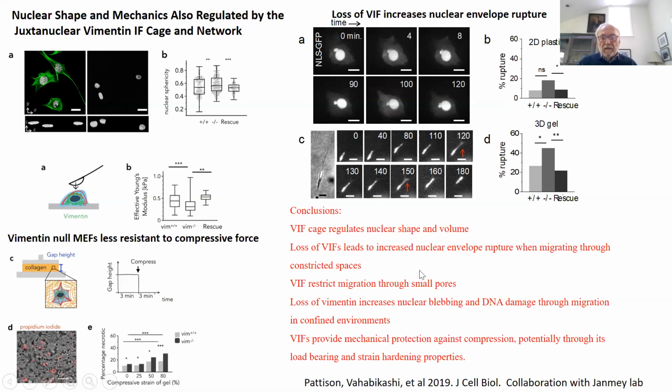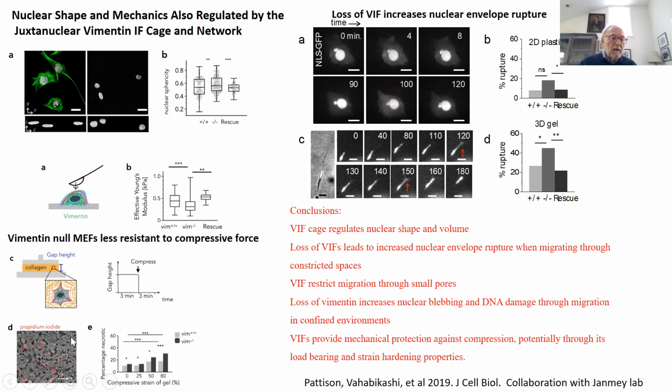So our conclusions from this are that the Vimentin intermediate filament cage regulates nuclear shape and volume. The loss of Vimentin leads to increased nuclear envelope rupture when migrating through constricted spaces, which I didn't mention, but we also did transwell migration assays. And the loss of Vimentin increases nuclear blebbing and DNA damage after migrating through confined environments. And also we know the compressibility of cells and their nuclei is significantly altered when Vimentin is not there.